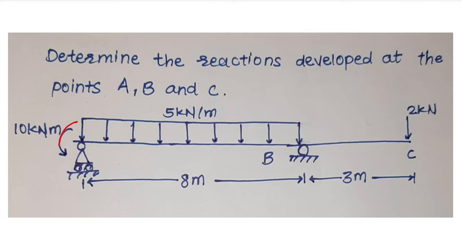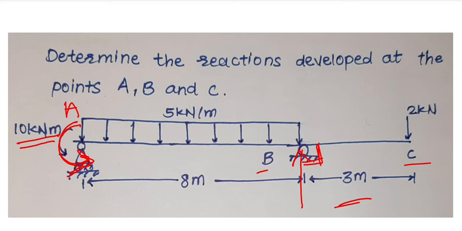Also, it is given that an anticlockwise moment of 10 kilonewton meter is acting at point A. This much data is given. As at point B there is a roller support, a vertically upward perpendicular force will be acting on point B. And from B to C the distance is 3 meters.